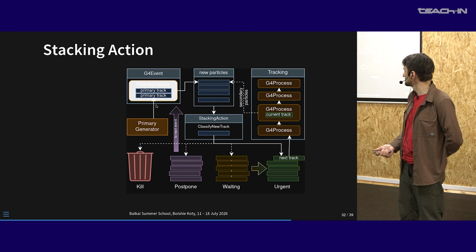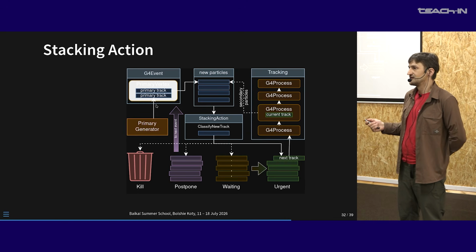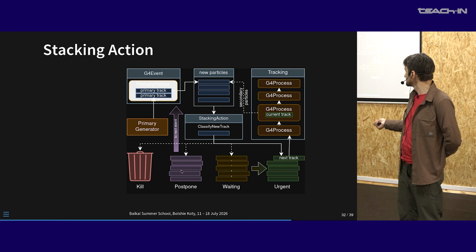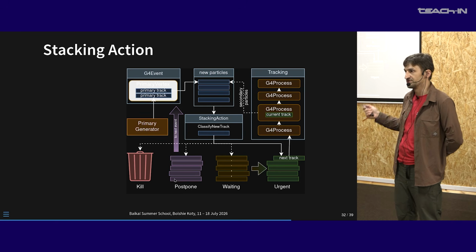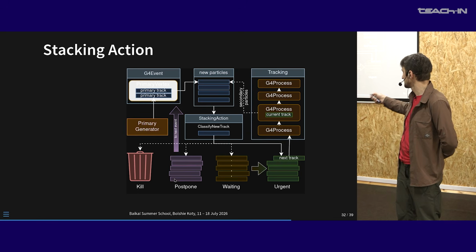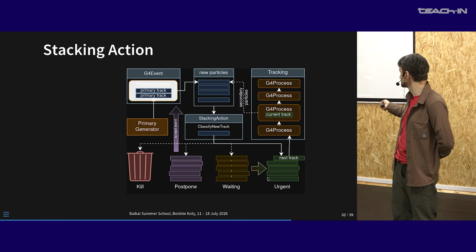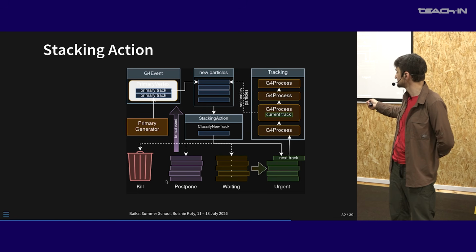It saves it? Yes. So the track isn't in this event? Yes. So all these stacks are not in the event, they're in the manager and at the end of the event, these are empty, but this is kept.